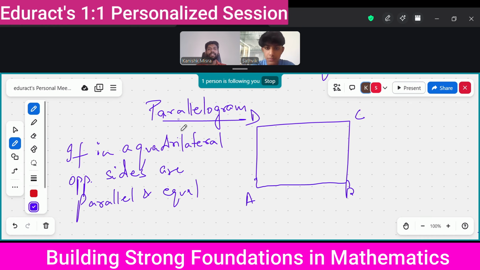As the name indicates, parallelogram. So AB is parallel to CD, BC is parallel to AD. These are the opposite sides. Apart from this, opposite angles are also equal.